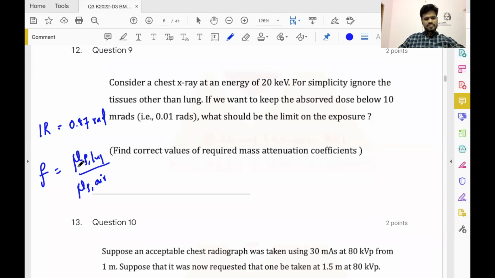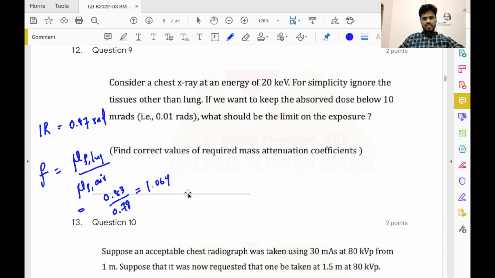So what is f? I suppose mu over rho of lung is 0.83, so this is 0.83 by 0.78. This value turns out to be 1.064.